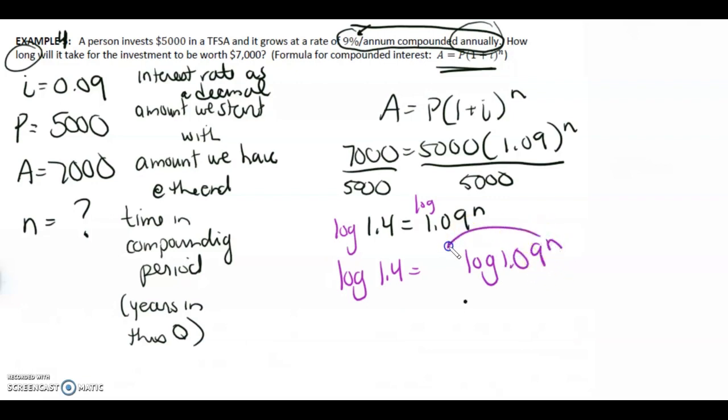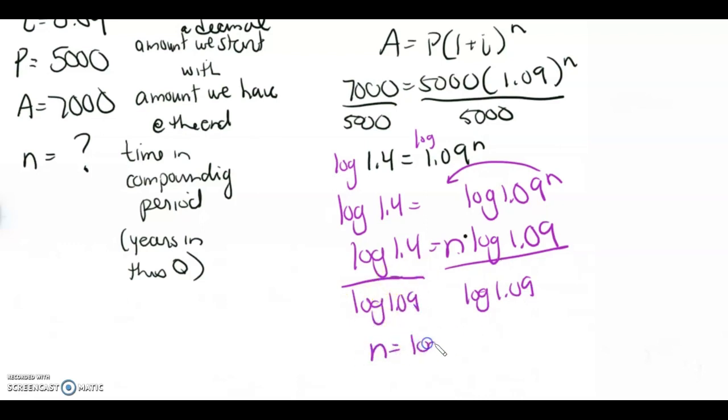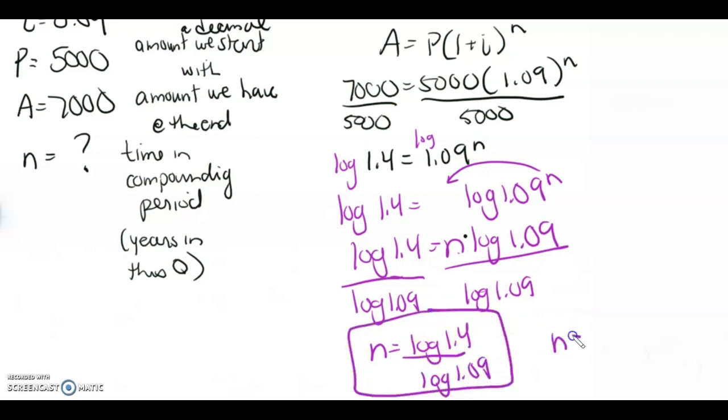But we can take that n and bring it down, so we have log of 1.4 equals n log of 1.09. To isolate the n, we divide both sides by log 1.09. So n equals log of 1.4 divided by log of 1.09. That's an exact value.